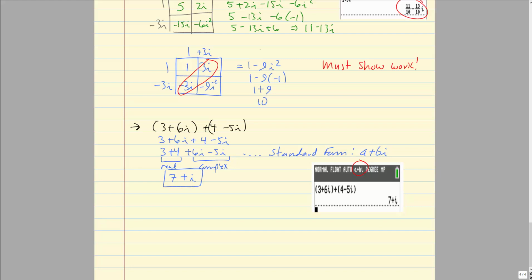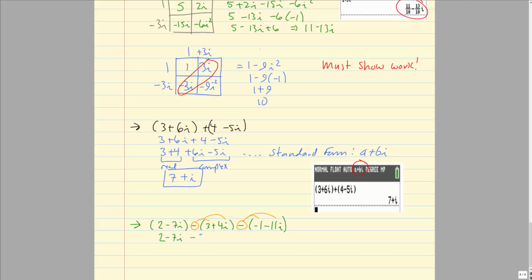Now when you're working a problem with subtraction, you have to be really careful that you distribute correctly. So let's look at a little bit longer problem. 2 minus 7i minus the quantity 3 plus 4i minus the quantity negative 1 minus 11i. Again, you can put this in your calculator to check it, but you have to show your work. So what I'm going to do is take this negative and distribute it here, and this negative and distribute it through here.